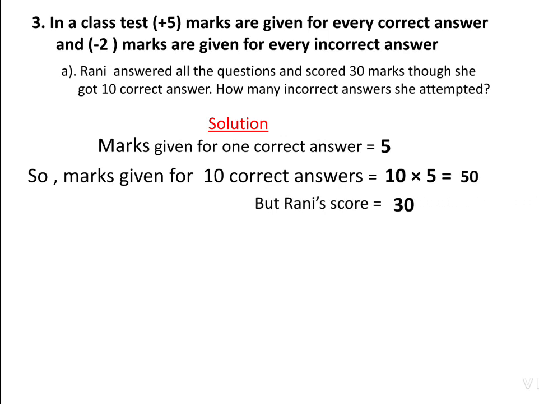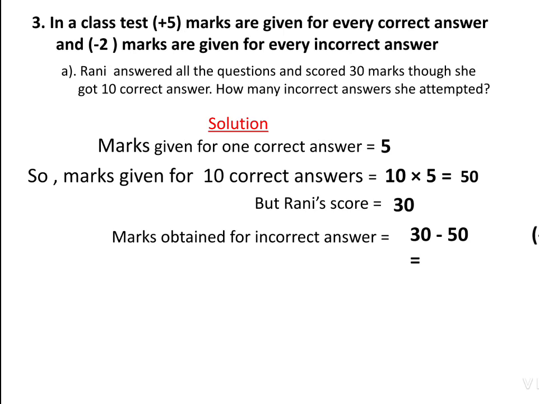So how many marks are decreasing? 20 marks are decreasing. Marks obtained for incorrect answers equal to 30 minus 50 equal to minus 20.